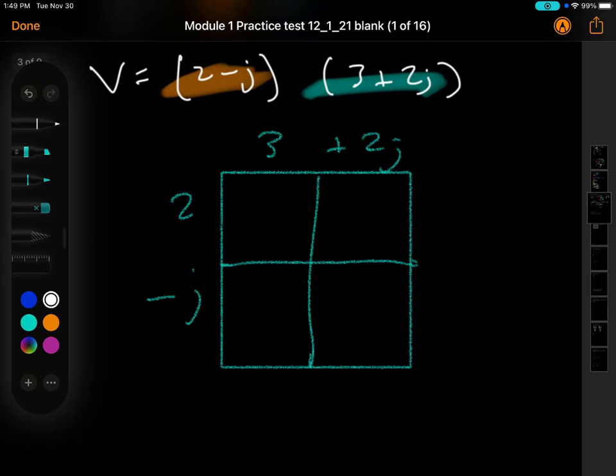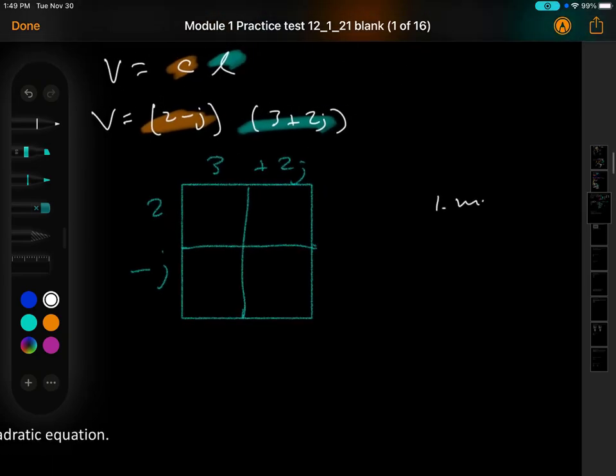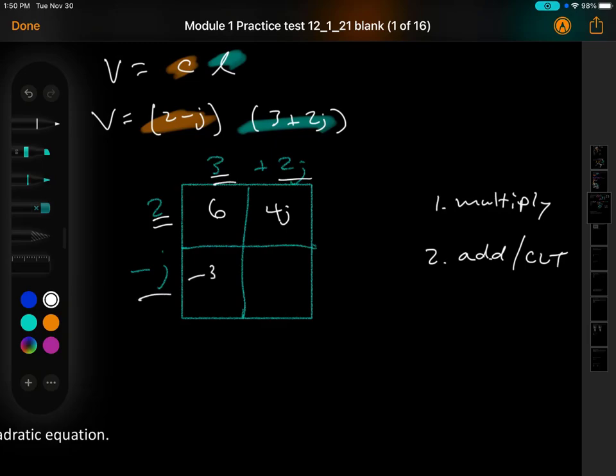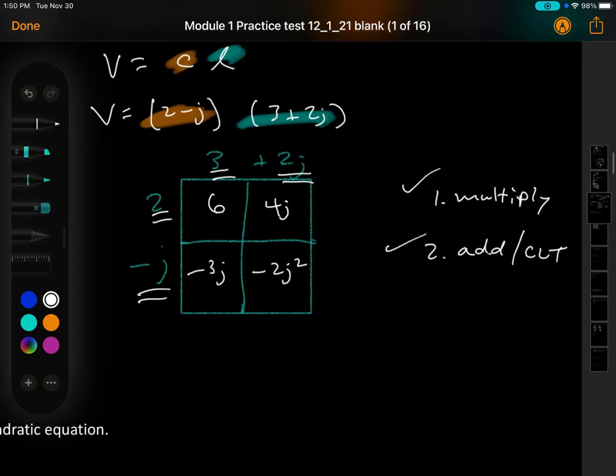So we're just going to multiply first, and then we're going to add or combine like terms inside the box. 2 times 3 is 6. 2 times 2j is 4j. 3 times negative j is negative 3j. And negative j times positive 2j is negative 2j squared. So just multiply. Now we're going to add.